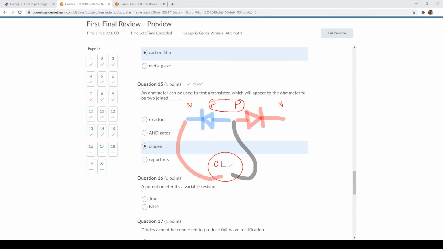It's over the limit of the capacity that the ohm meter has to measure resistance. So that means that your PN junction, in this case that portion of your transistor, is reverse biased. And OL means that it's good because it's behaving as an open switch. Okay, so let's keep moving.